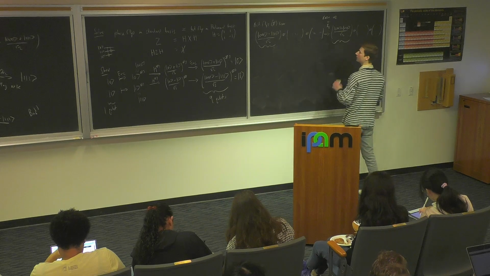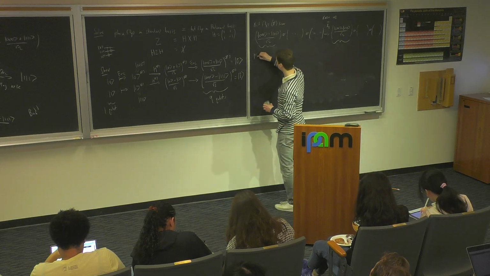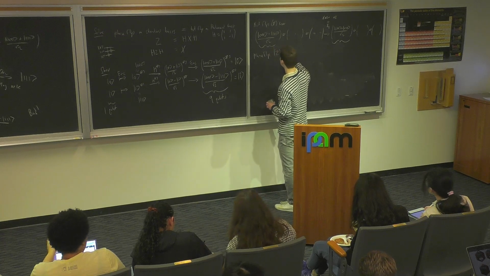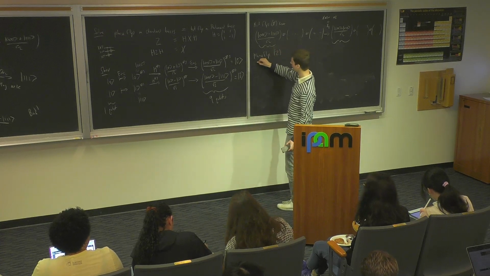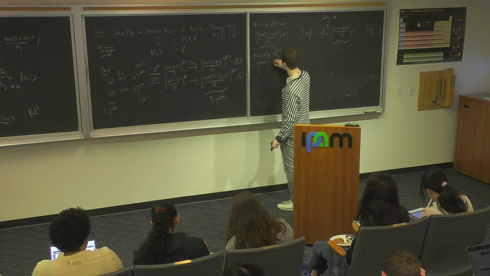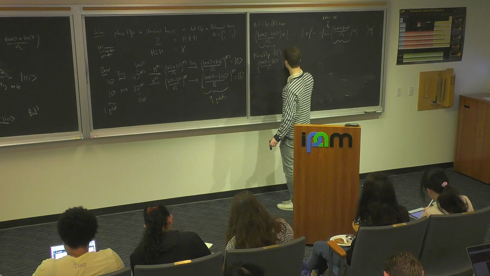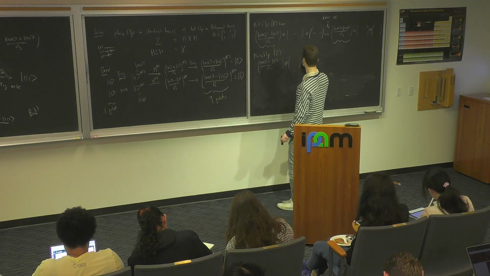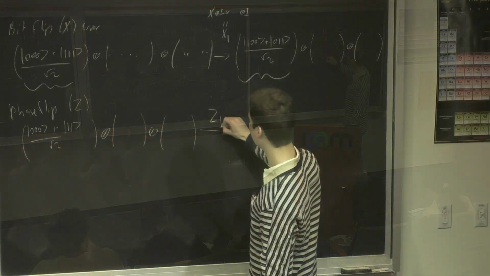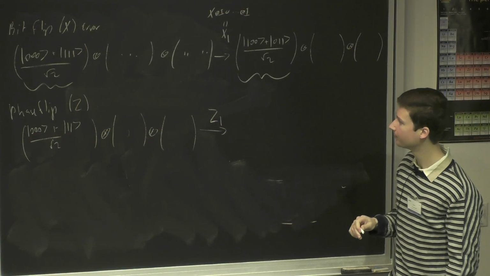If we have a phase flip, or a Z error, then we start with the same initial state. Won't write out the whole thing. Now say we apply a Pauli Z to the first qubit.